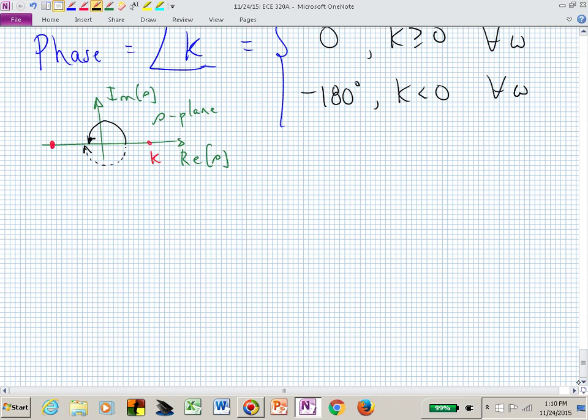Again, this is pretty easy to sketch. Here is our horizontal axis. This might be 0 degrees, and this is what K would be. Or that's the phase due to that constant term if K is greater than or equal to 0.